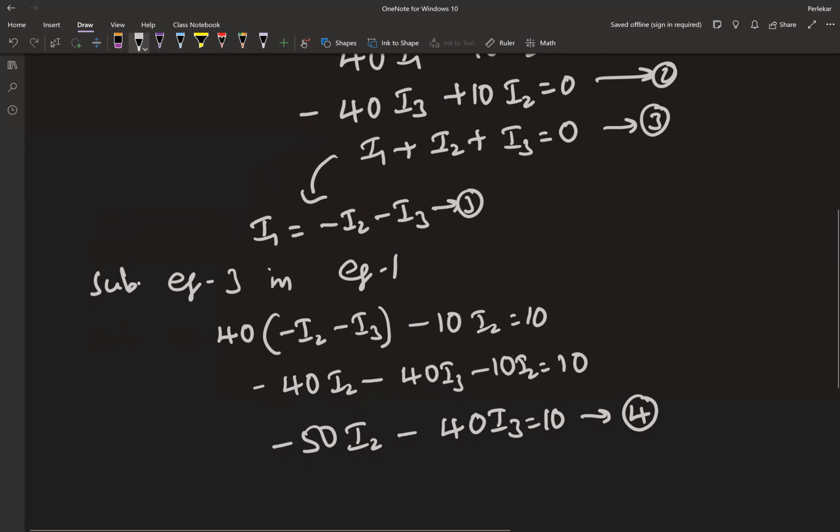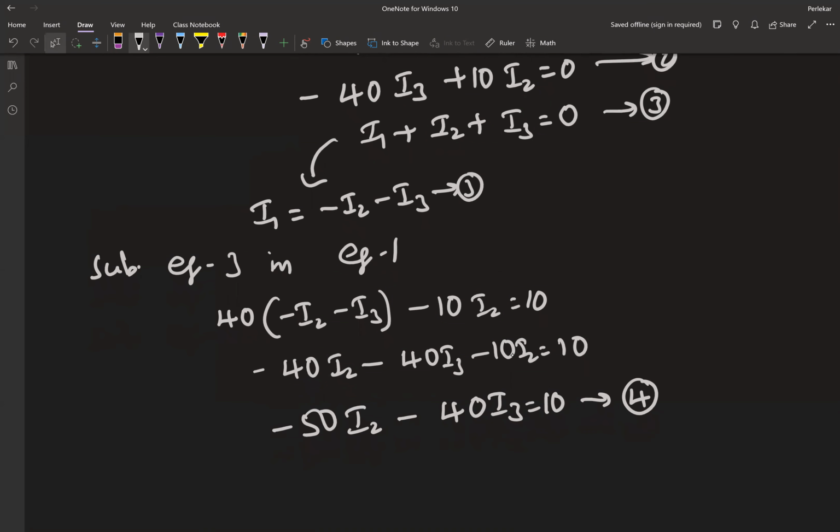Now equation 2 has minus 40 I3 plus 10 I2, and equation 4 has the same variables I2 and I3. So I'm going to add those two. Actually, instead of addition, I'm going to subtract them. This is my second equation.